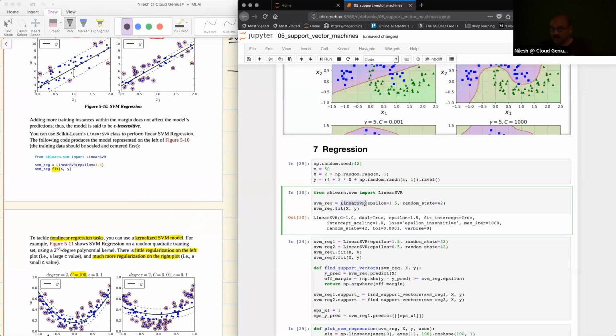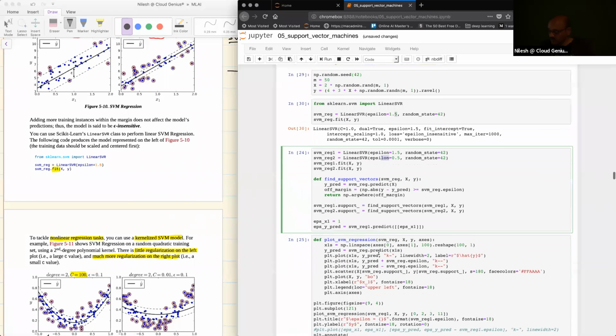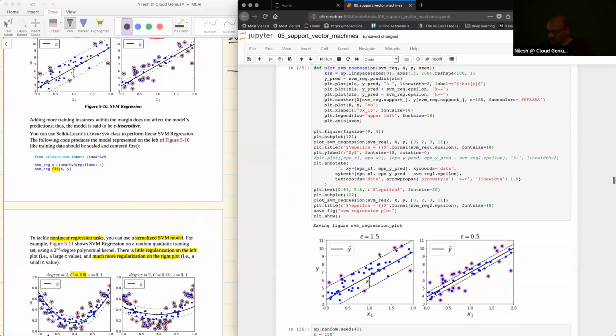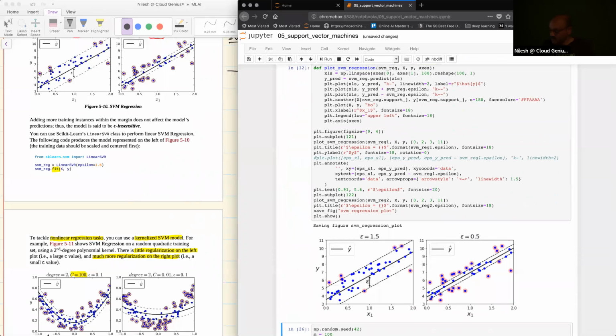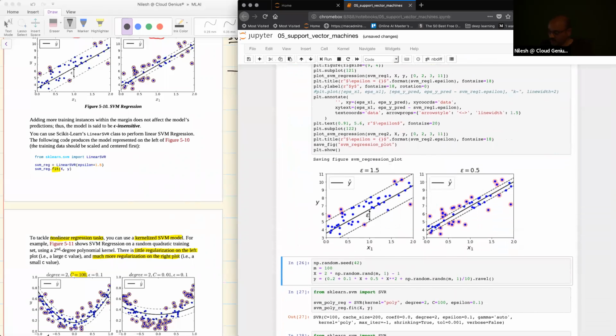This SVR stands for support vector regressor with an epsilon value of 1.5. And now we will do two different epsilon values, 1.5 and 0.5, and see what the differences would be from a picture perspective. And then we'll plot that picture that you already saw discussed briefly. I'll just run through the code that will help us draw these pictures, and you can see the impact of epsilon right there.